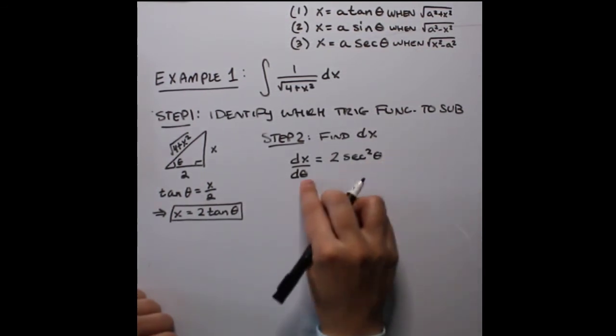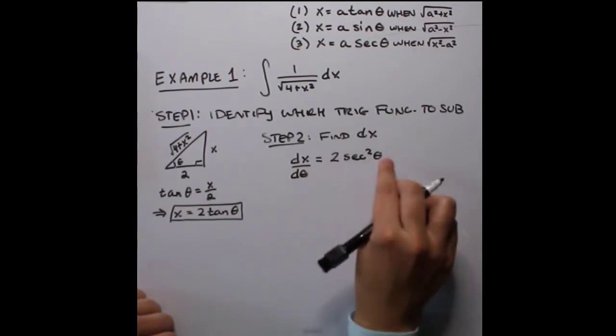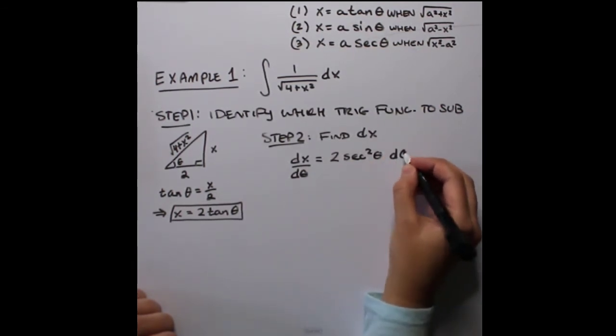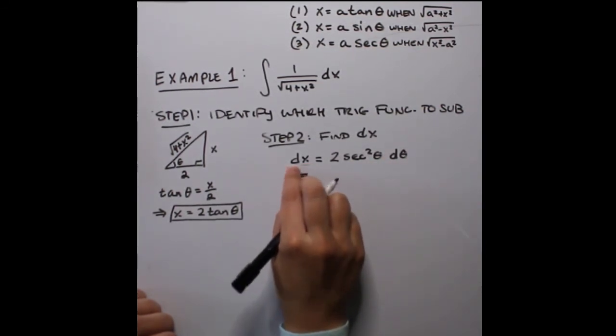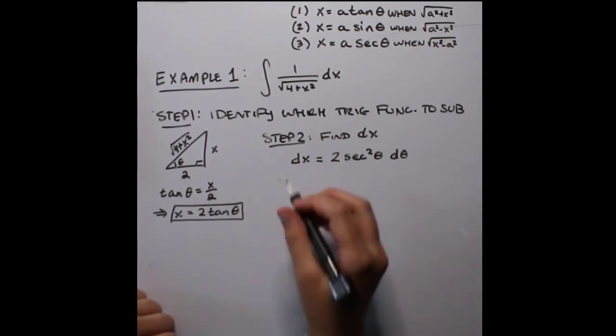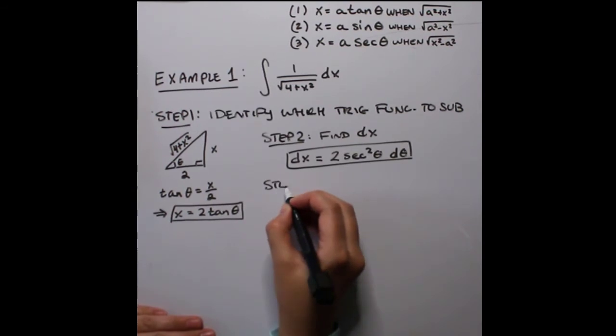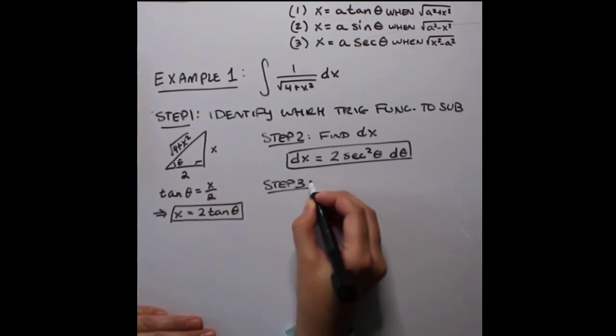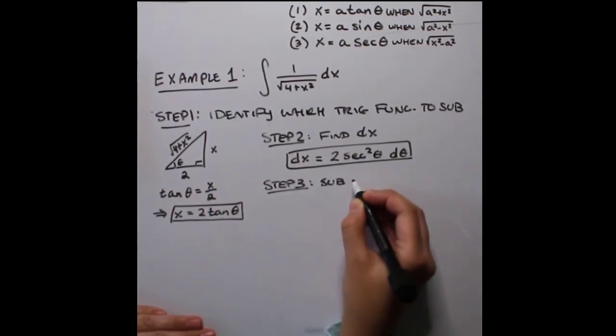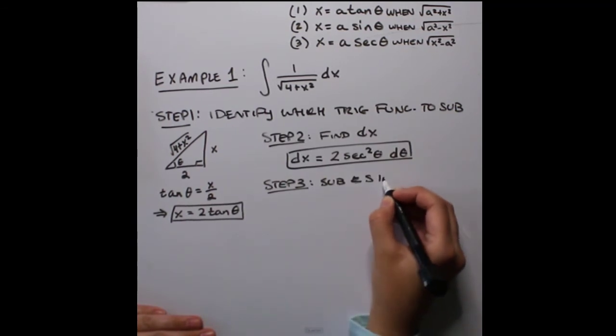And then what we usually do is skip this step where d theta is here and just multiply both sides by d theta, and then that's dx. Okay. And so step 3 is to substitute these values and simplify.